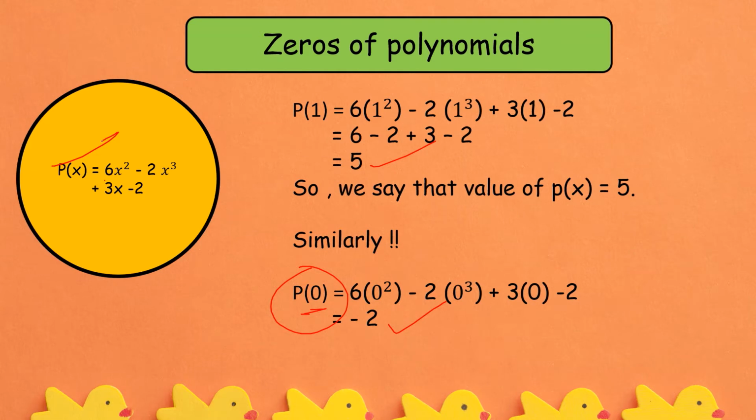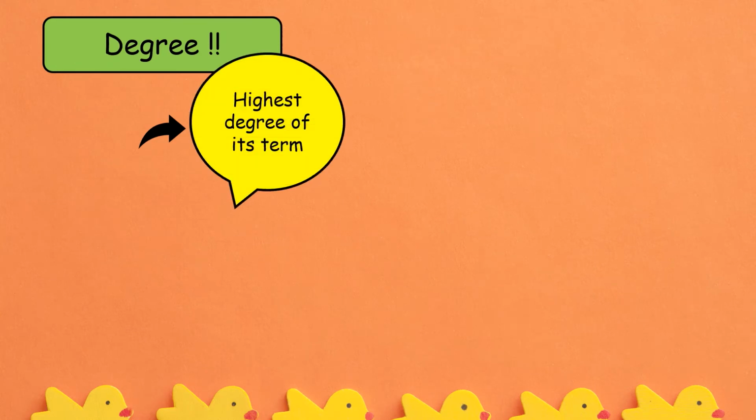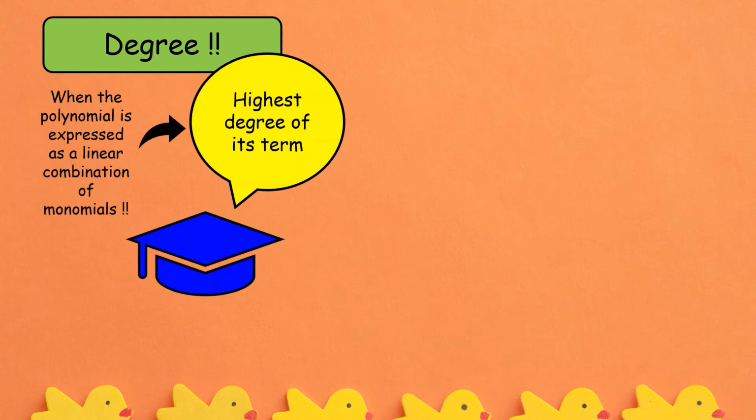Now let us move forward and look at what is degree. Degree is nothing but the highest degree of its term. I told you that a polynomial is nothing but something which consists of many terms. So the degree of a polynomial is expressed as a linear combination of monomials.